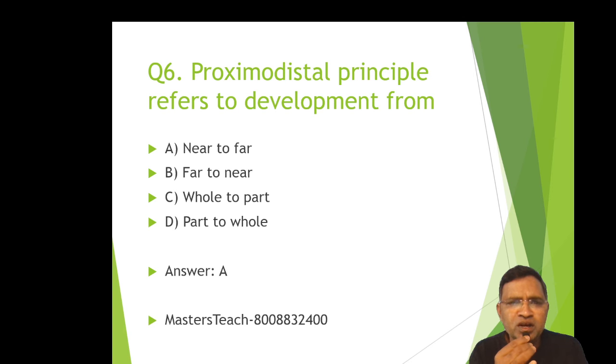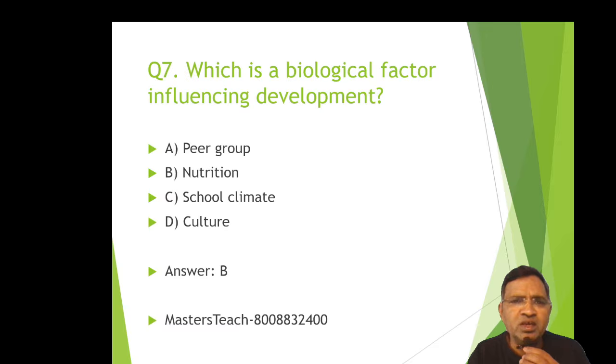Proximodistal principle refers to development from A, near to far, B, far to near, C, whole to part, D, part to whole. The answer is proximodistal principle refers to A, near to far. Okay. Then, which is a biological factor that influences development?